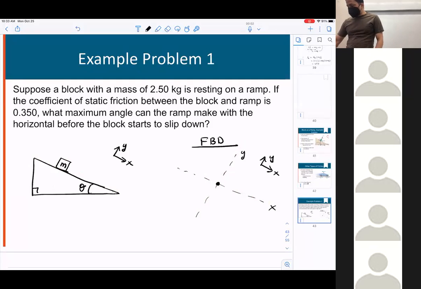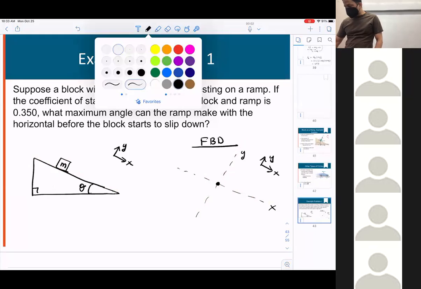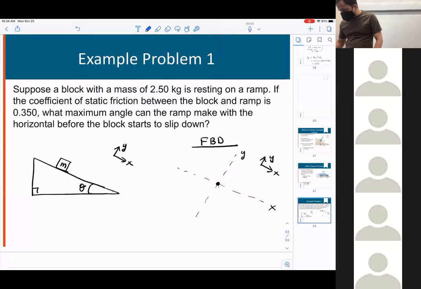Well, the first force is the force of gravity. The force of gravity is straight down towards the earth, mg. We're very good with that. The earth is just pulling it down towards the center of the earth. There will be a normal force perpendicular to the ramp. So there is the normal force.